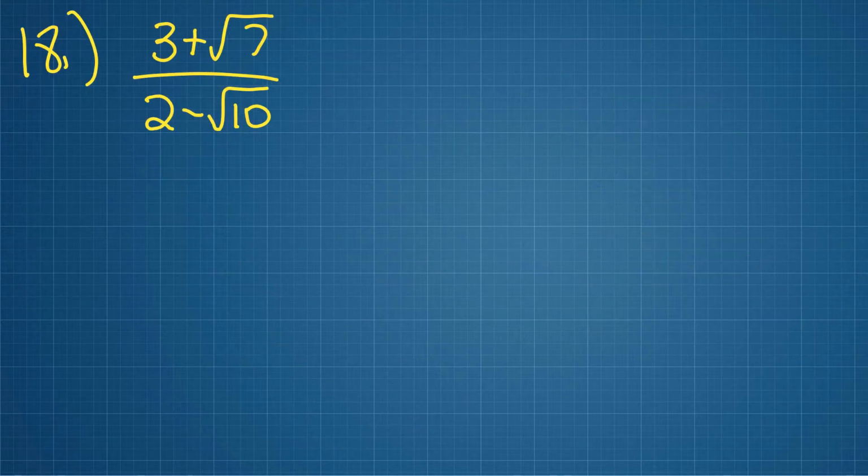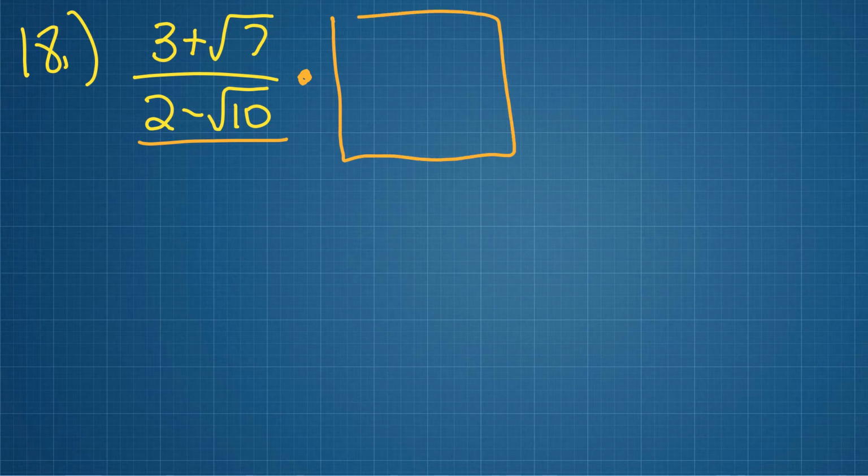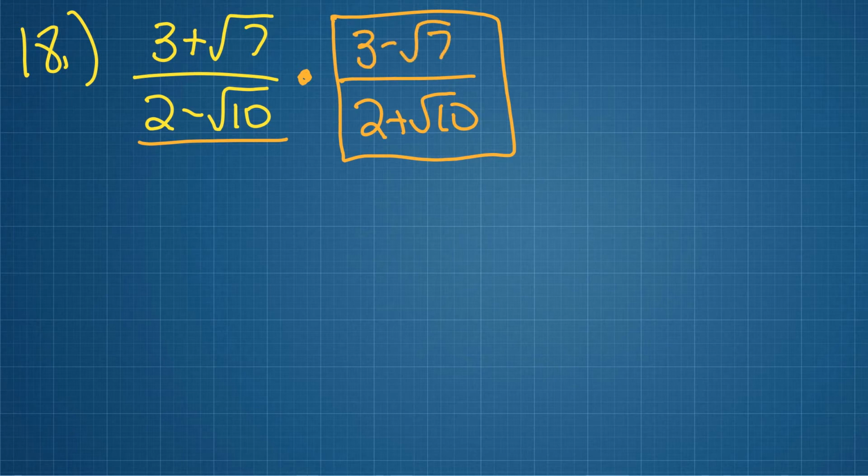Alright, 18. I have 3 plus radical 7 over 2 minus radical 10. So I have to find the conjugate. That's why I multiply. I make the box. Remember, the box has to equal 1. So I'm going to put 2 plus radical 10 on the bottom, and on top, I'm going to put 3 minus radical 7.